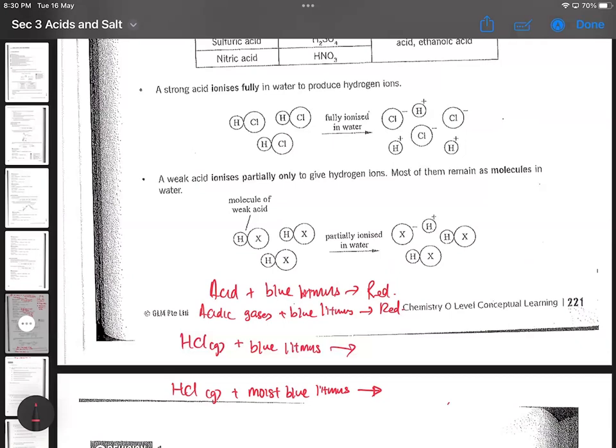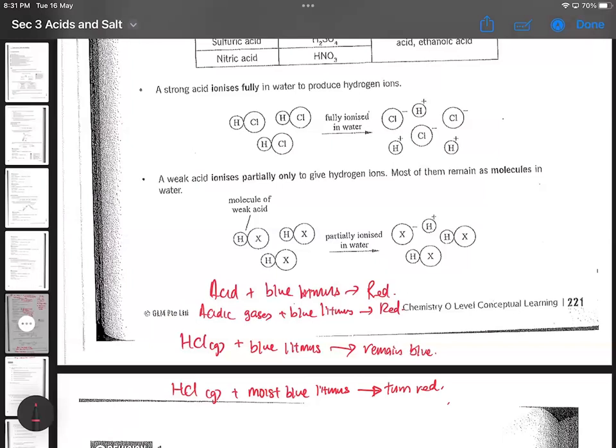The not moist one will turn red, is it? Actually, it's the other one. This one will actually turn red, whereas this one may remain blue.